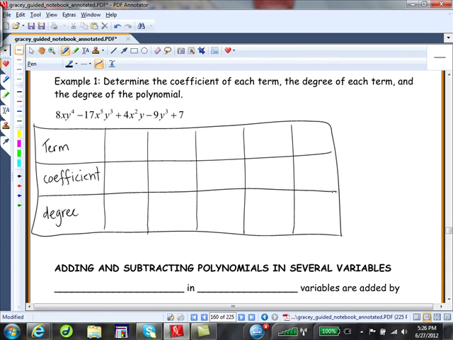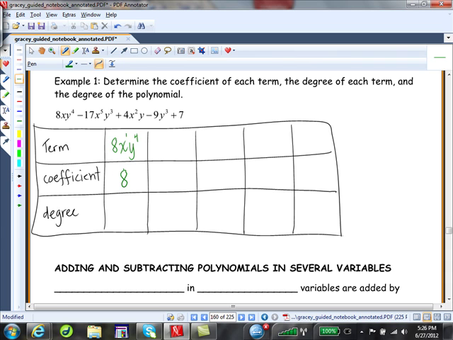All right, let's fill in our little chart here. Okay, so first term, 8 times x times y to the 4th. And remember, we could put a 1 up here. X is x to the 1. So what is the coefficient?